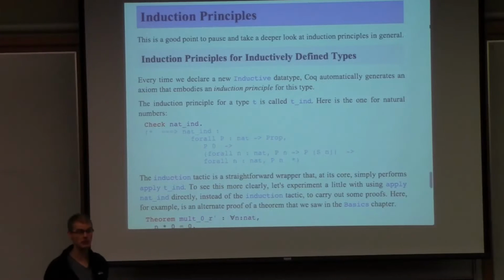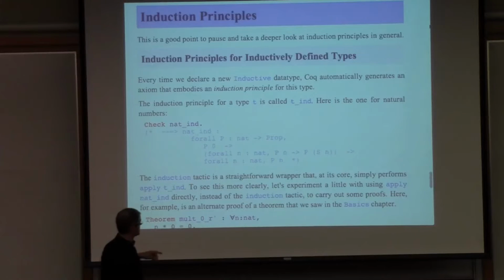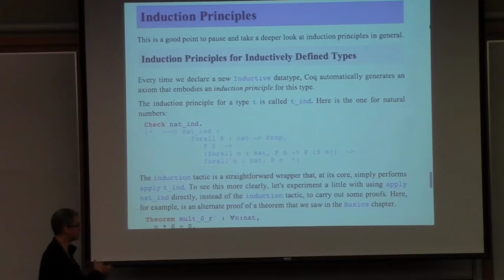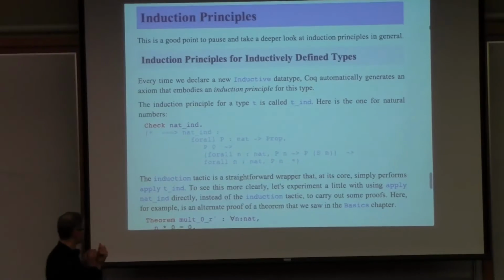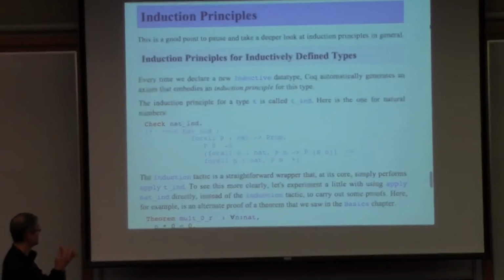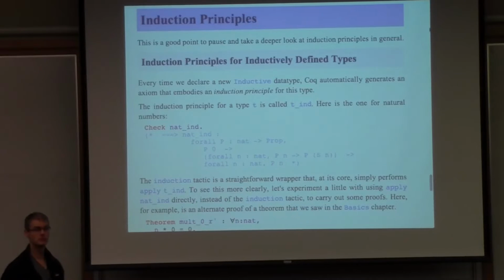It's just a proposition. It says, for all p, if we have a proof of the zero instance of p, and if given a proof for the n instance of p, we can build a proof for the n plus 1 instance of p, then p holds for all numbers. Okay, so this is the standard induction principle for natural numbers.